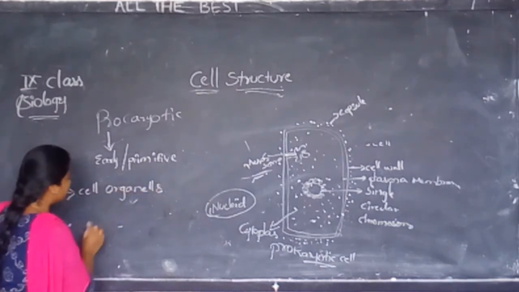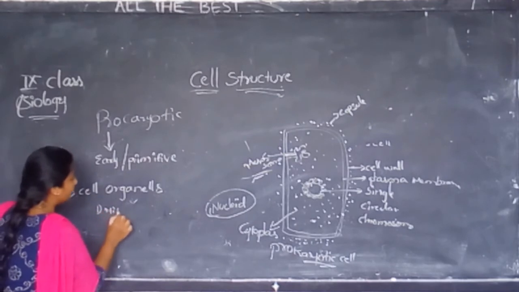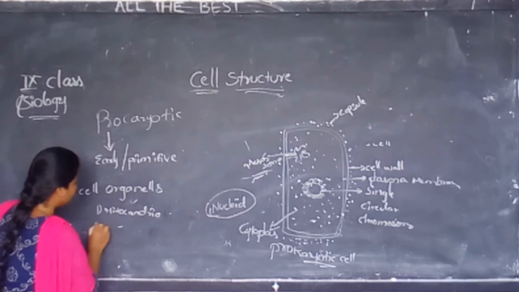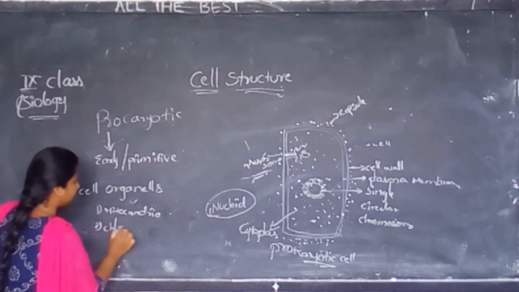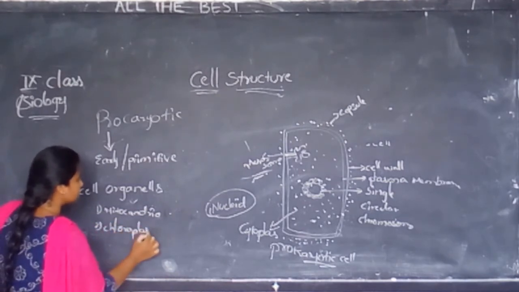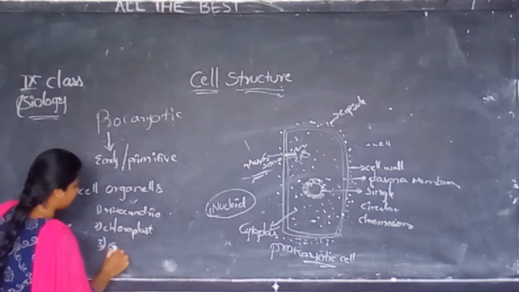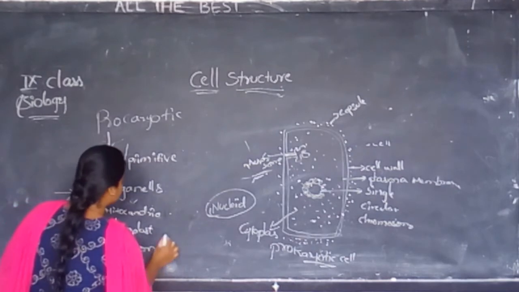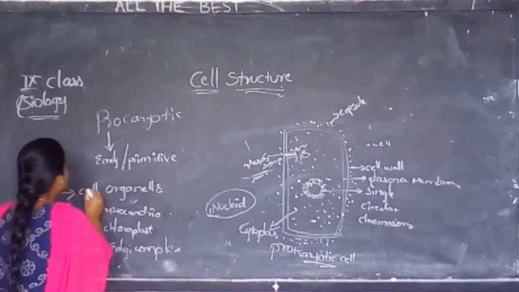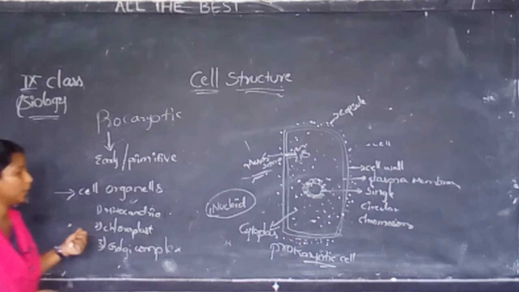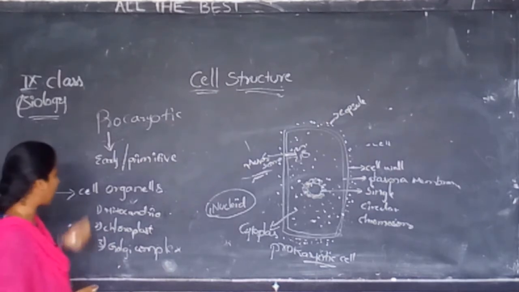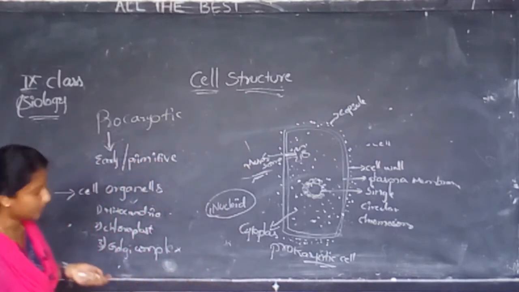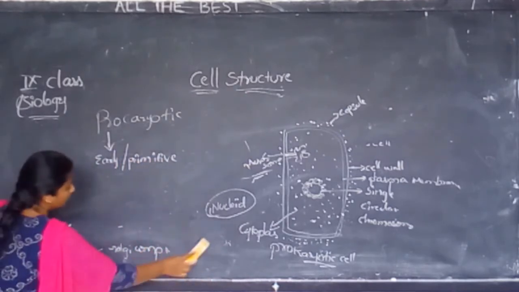What are cell organelles? Mitochondria, chloroplast, and Golgi complex. These are all called cell organelles. The prokaryotic cells do not have cell organelles. We can take examples like bacteria and cyanobacteria.